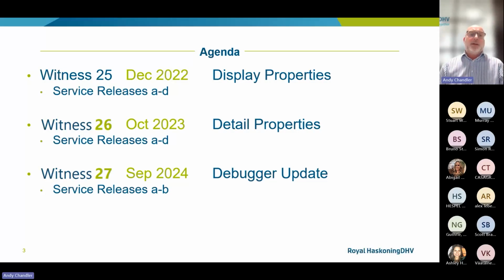Then in 26, we continued that and applied it to the detail dialogues. So all of the interaction with element details became properties based rather than dialogue based. And then in 27, there was a real focus on updating the debugger, although there were some other enhancements around each of those. So we'll go through those in a little bit more detail.